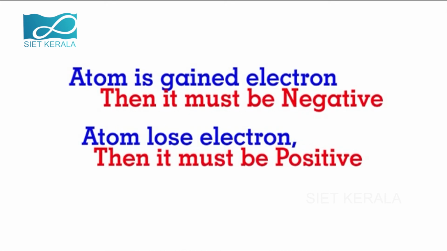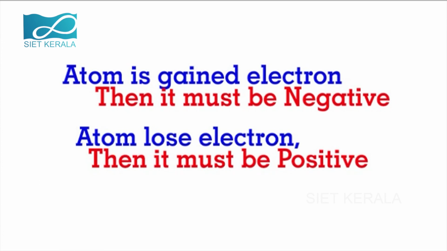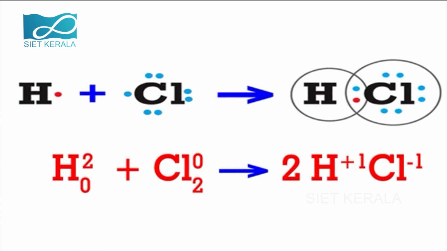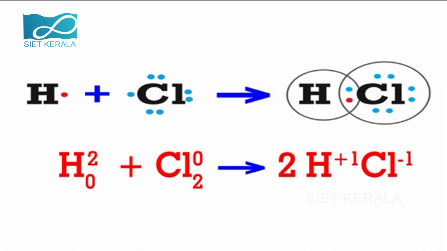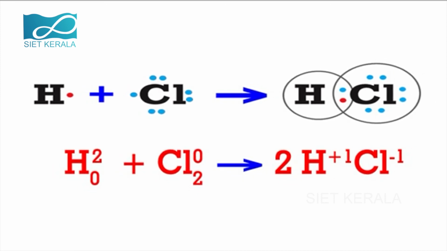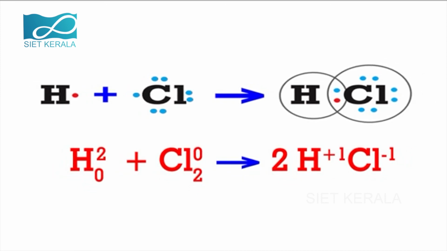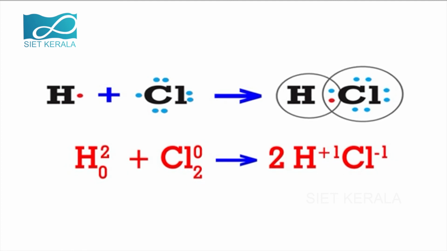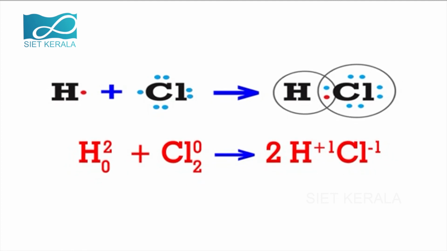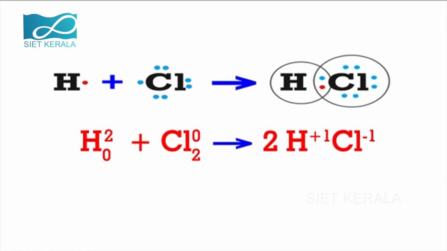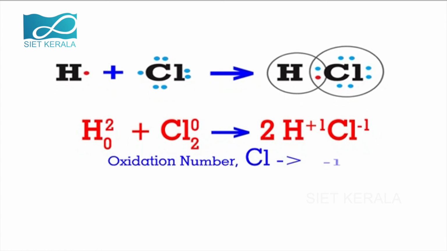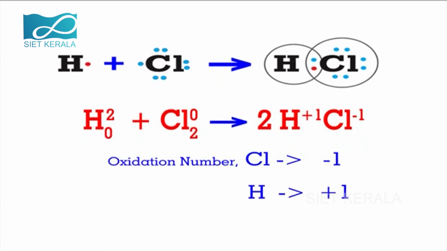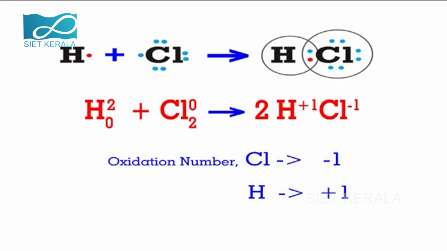If it loses electrons, it must be a positive number. For example, in a hydrogen chloride molecule, chlorine acquires a negative charge by accepting one electron, and hydrogen acquires a positive charge by losing an electron. So, the oxidation number of chlorine is -1 and +1 for hydrogen.